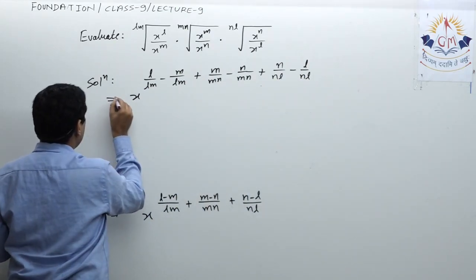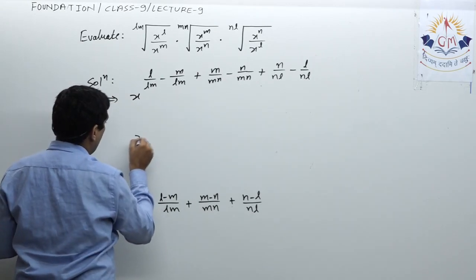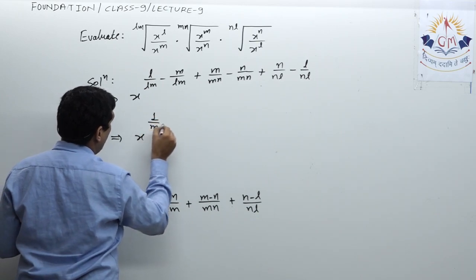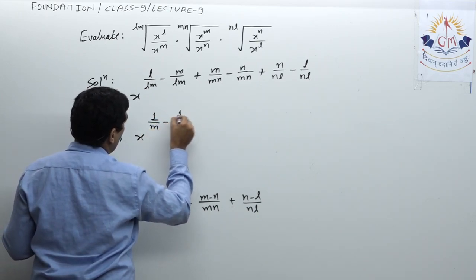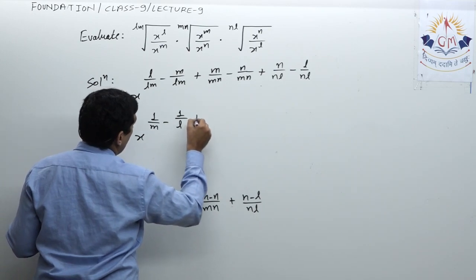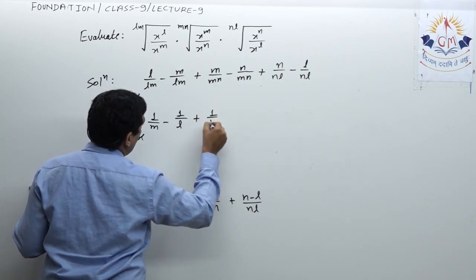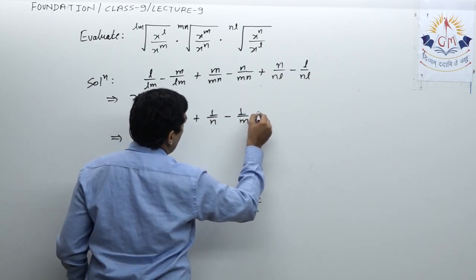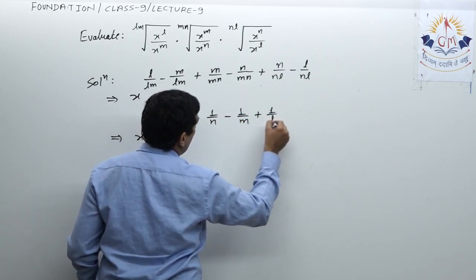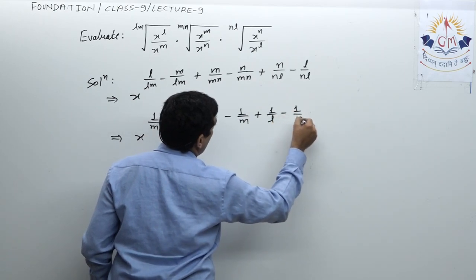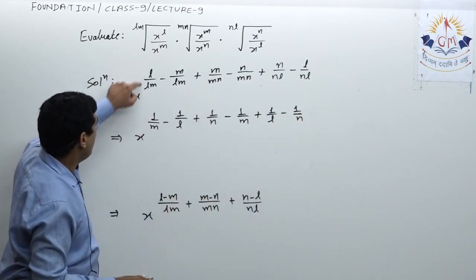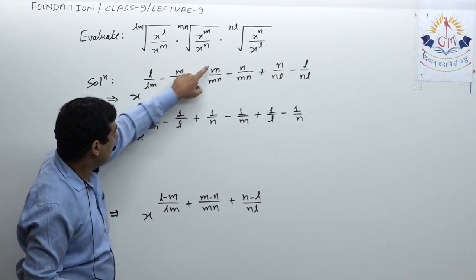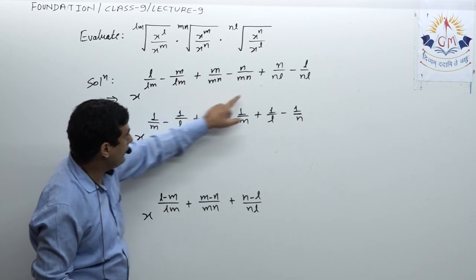Okay, so here I will get x raised to, now L and L cancel, so 1 upon M minus 1 upon L plus 1 upon N minus 1 upon M plus 1 upon L minus 1 upon N. Okay, from here I can cancel: 1 upon M will be cancelled, so 1 upon L, I can cancel M, 1 upon N, and so on.